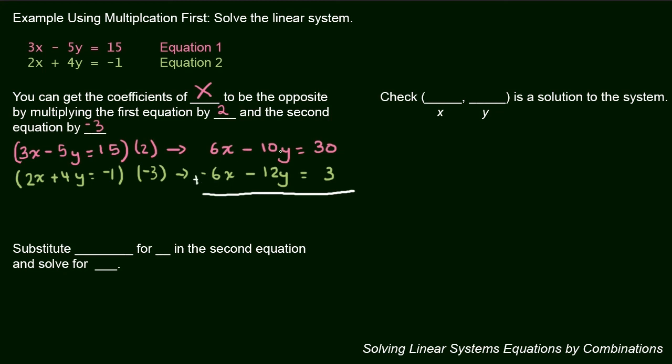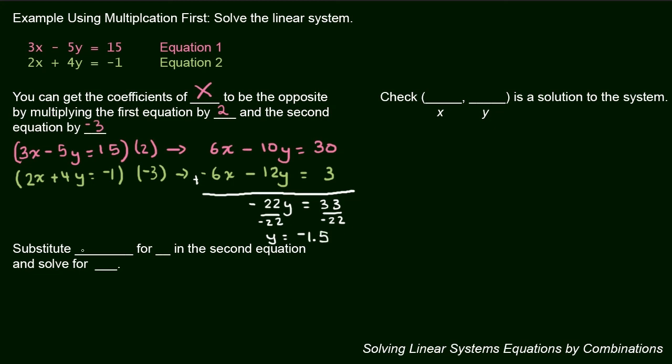Negative 10y plus a negative 12y is negative 22y equals 33. 30 plus 3 is 33. And I can solve for y by dividing every term by negative 22 and simplifying. y is equal to 33 divided by negative 22, which is negative 1.5.